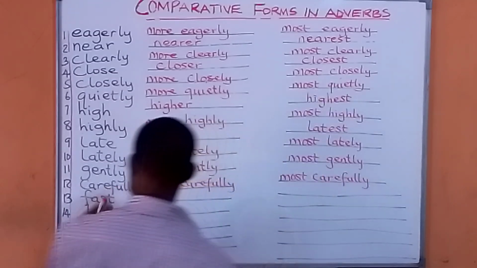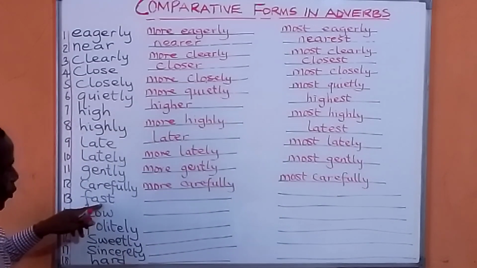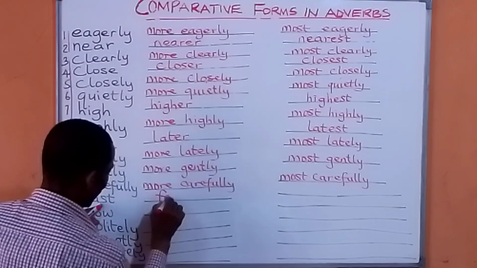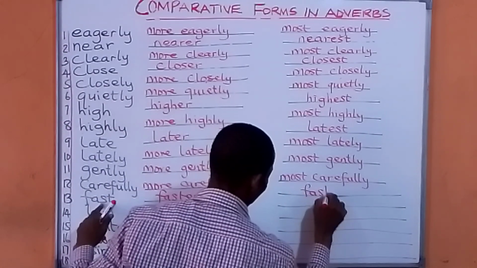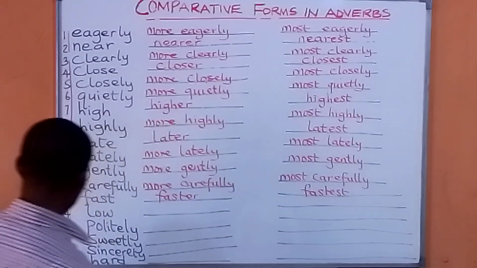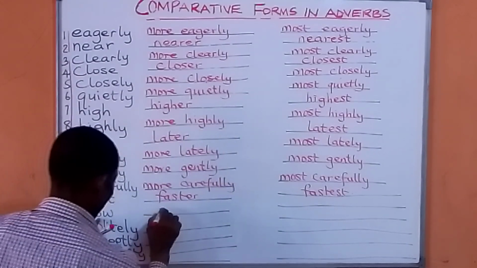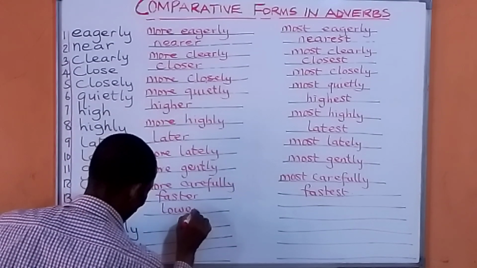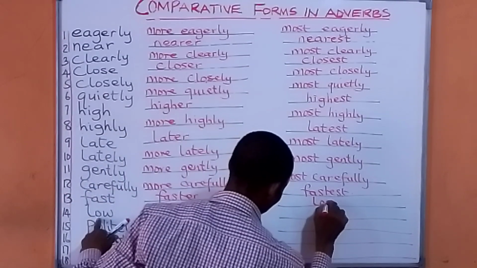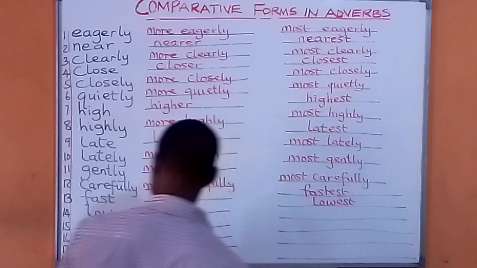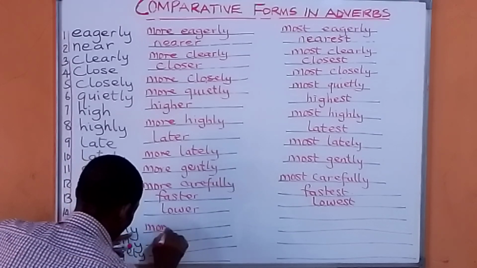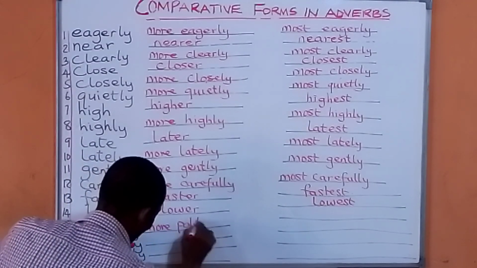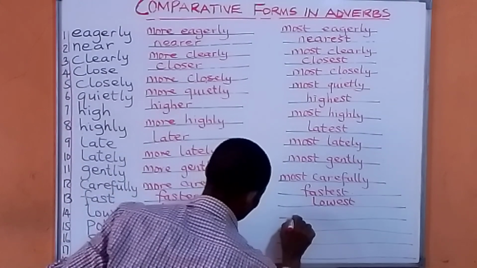Okay? Fast. There is no ly here, so you put er. Faster, fastest. Low. There is no ly here, so you put er. Lower, lowest. Politely, ly is here, so you add more there, more politely, most politely.